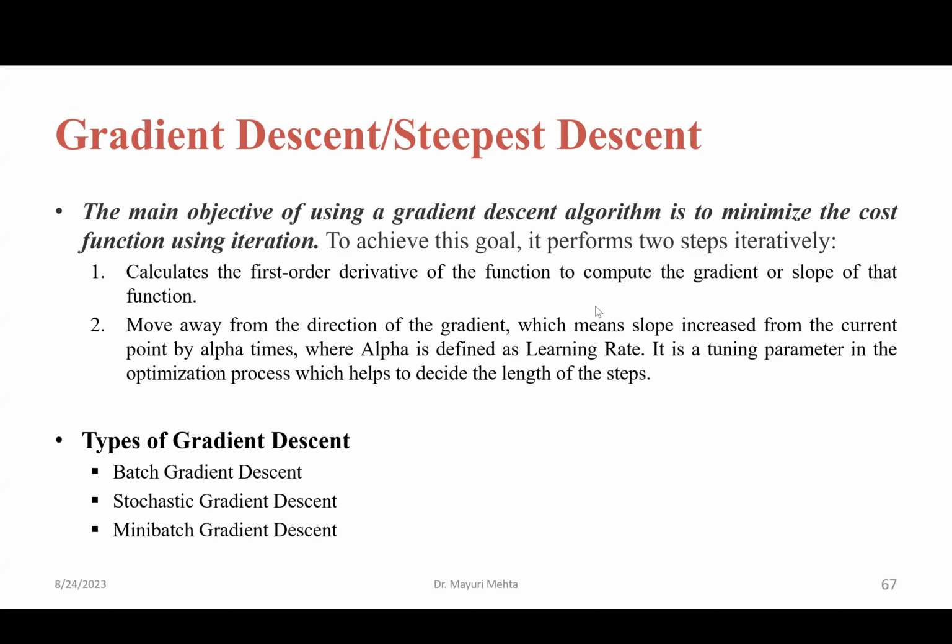Based on the error in various training models, the gradient descent learning algorithm is divided into these three categories. Now, what is batch gradient descent?